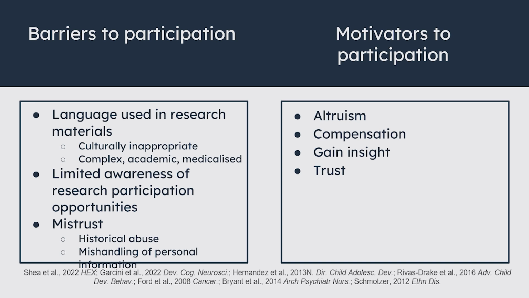There are also a number of key motivators to participating. So altruism is actually a primary one, particularly for neuroimaging research. Compensation, of course, but another key one is gaining insight either into one's own condition, if it's a clinical trial, or just gaining insight into their own experiences. It's a key motivator.